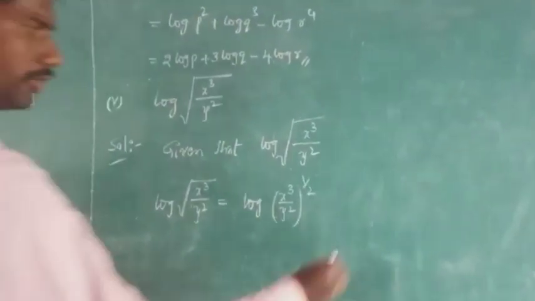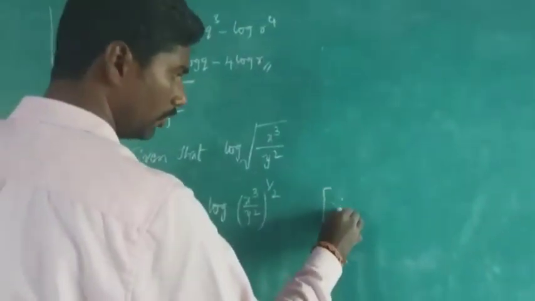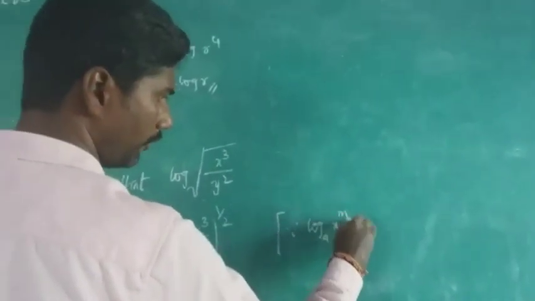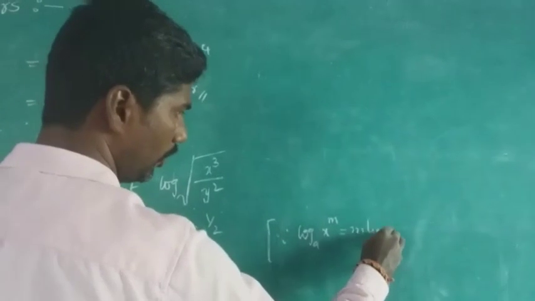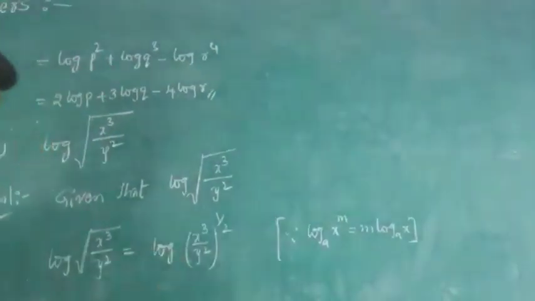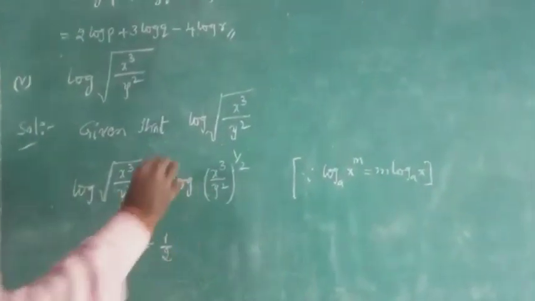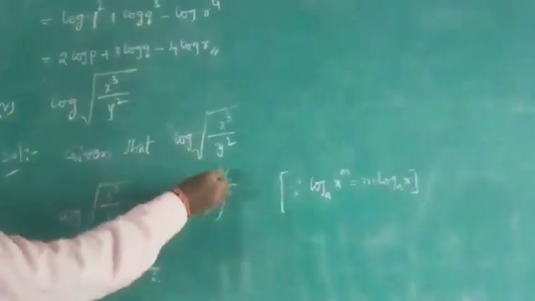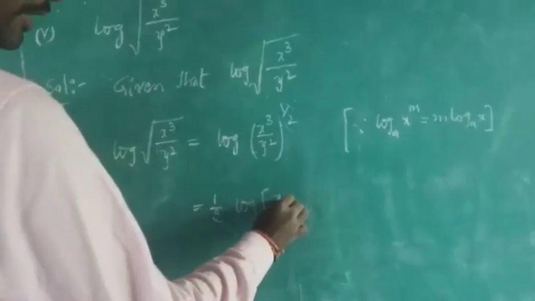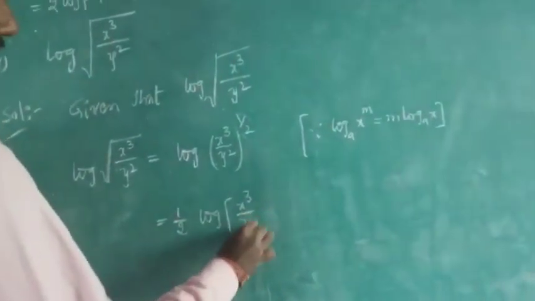So first you need to apply the power rule. Log base x to the power of m, I told you, is m into log base x. So this is the power, so you need to write the 1 by 2. This is right. You need to write 1 by 2. So log x cube by y square.